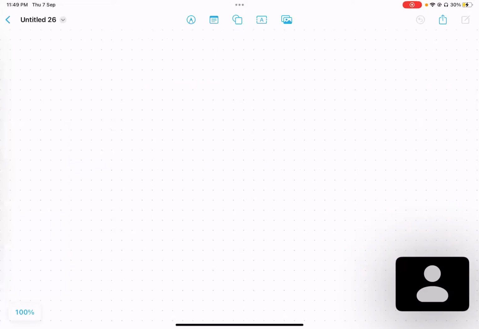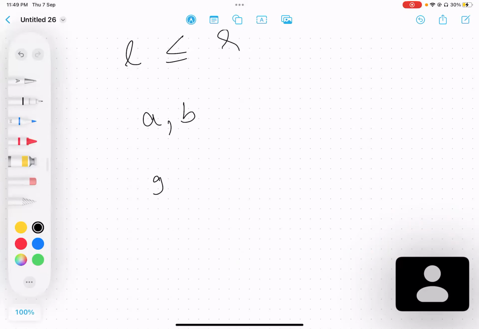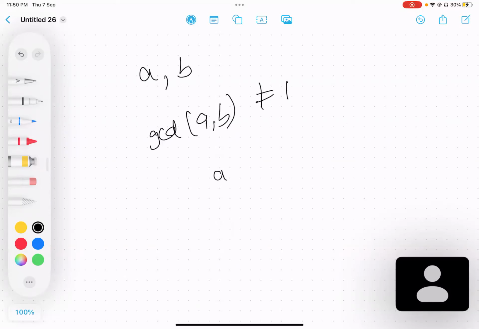So basically, we need to find two integers a and b such that the GCD of a, b should not be equal to 1, means they should have some factor common, right? Similarly, the sum of a plus b should lie in this range, right?